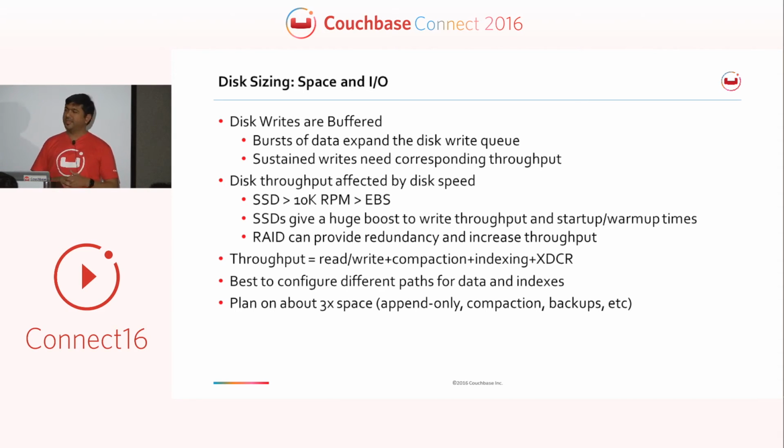Disk throughput is often affected by the speed. SSDs are faster than spinning disks, which are faster than EBS. There are a few customers using Fusion IO cards, which can get them over 150K operations per second, and even cluster-wide, we can do 1 million writes per second.